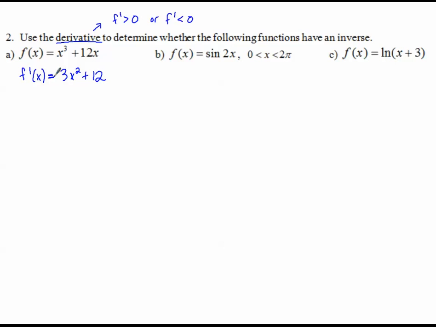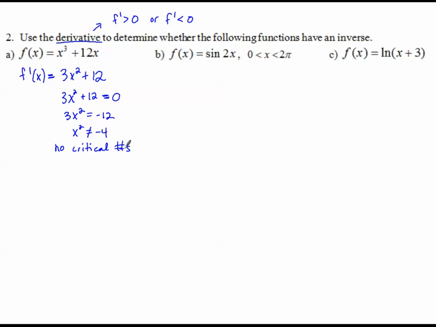So if we think about increasing and decreasing, what are our steps? Take the derivative, find the critical numbers by setting the derivative equal to 0, and solving for x. And I see I can't take the square root of -4. x squared won't equal -4, so there are no critical numbers.